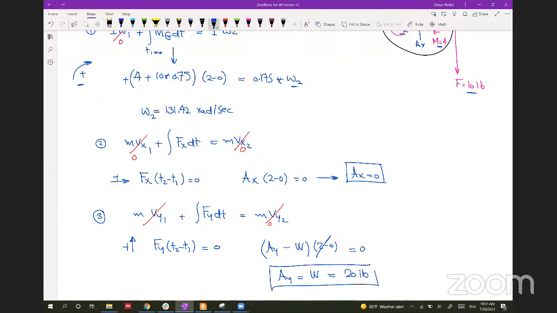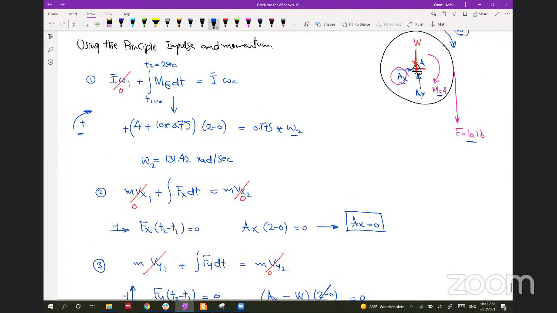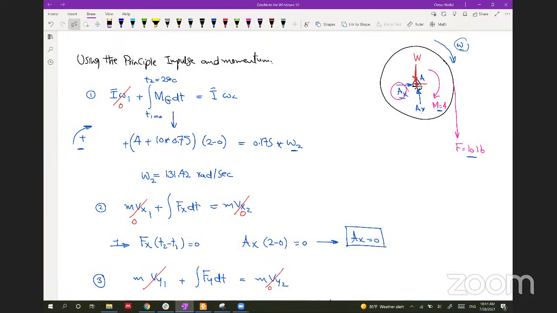It is not required in the problem, but if you want to proceed or you are asked in the problem, what is the reaction at the support? You will have to get Ax and Ay. And actually you can do this by doing sum of Fx equal to m ax and sum of Fy equal to m ay. And it will give you the same thing.